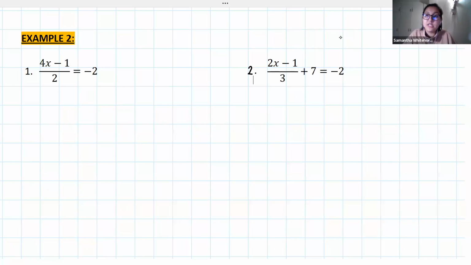And remember what we've just said about inverse operations with fractions. To get rid of a denominator, we need to multiply.